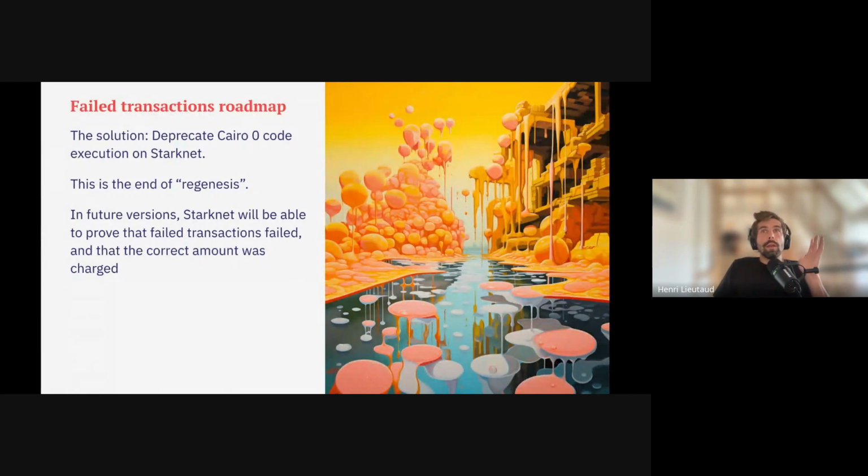Now, it may not be included immediately, but eventually in future versions of Starknet, failed transactions will be proven, meaning that when a transaction fails, the sequencer will have to prove it failed, and however much the sequencer charges for a failed transaction, it will have to prove that this is the correct amount. That's a non-trivial piece of the StarknetOS to write. It's currently not at the top of the list, but it's something we have identified, and we know we're going to get to work sometime in the future.